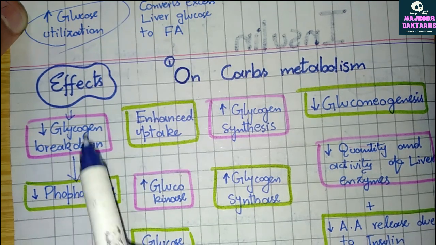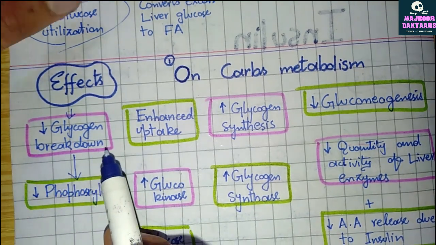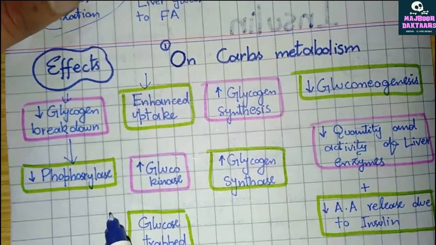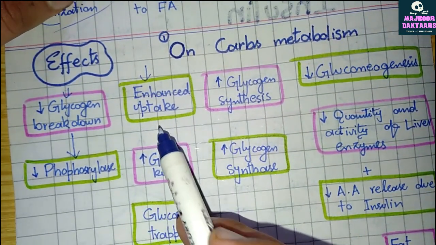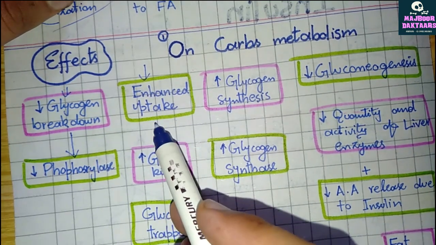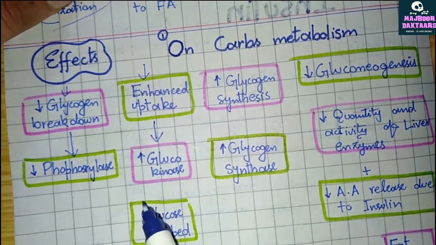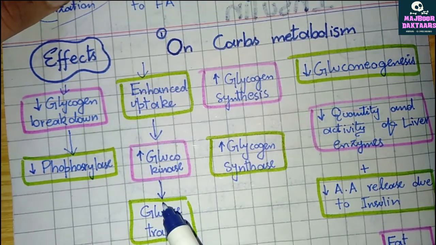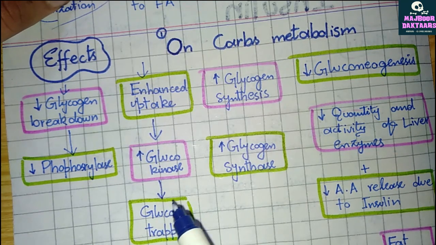So it ultimately decreases the glycogen breakdown. It enhances the uptake of glucose by enhancing the diffusion, and it traps the glucose inside the cell by increasing the activity of glucokinase. Now this glucokinase adds a phosphate group to the glucose, and the phosphorylated glucose can't leave the cell membrane.